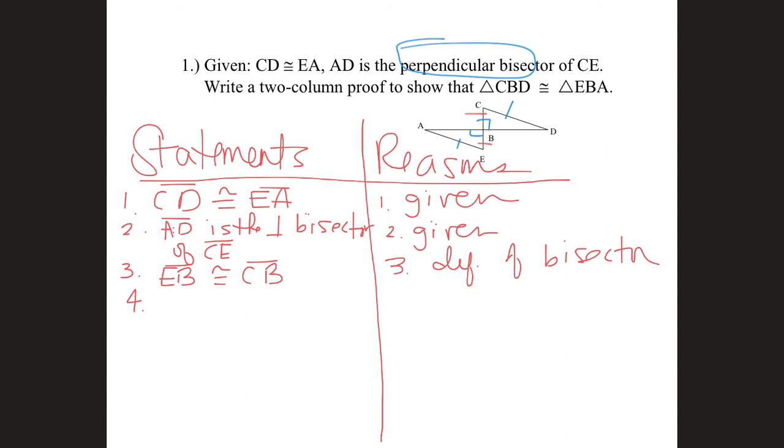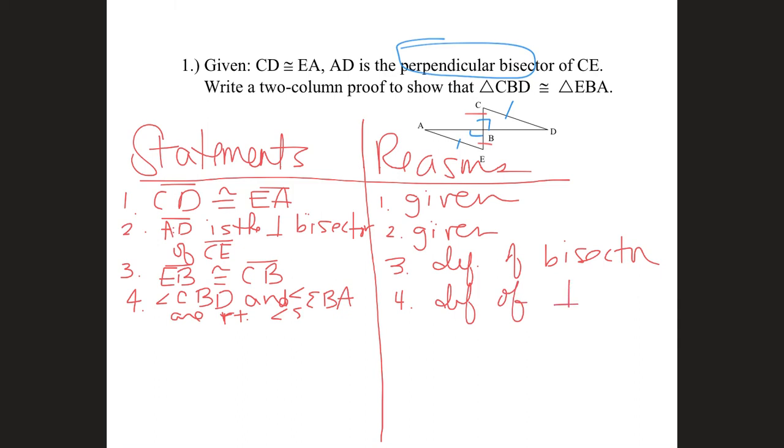And then the other part from that was that angle CBD and angle EBA are right angles. And that is from the definition of perpendicular.